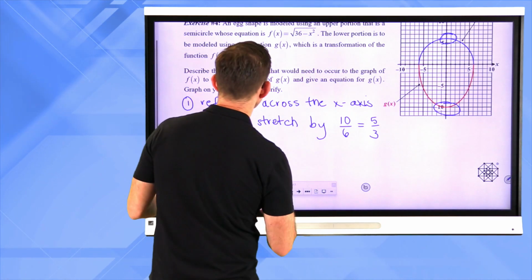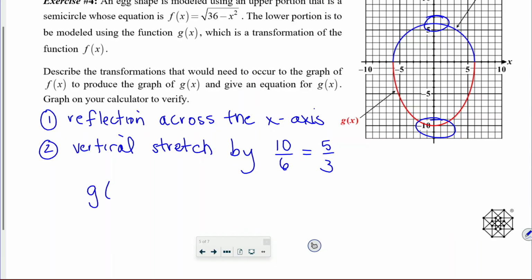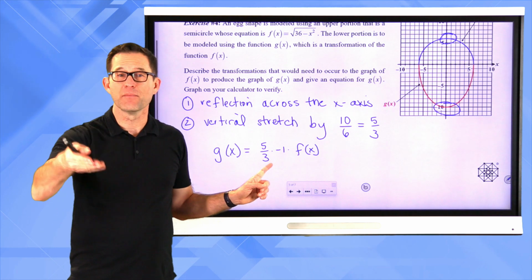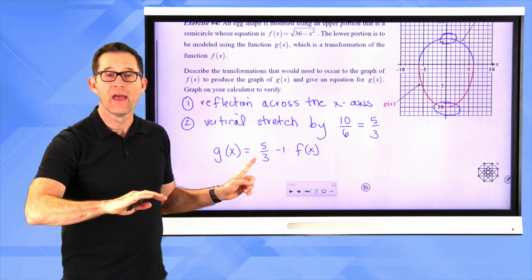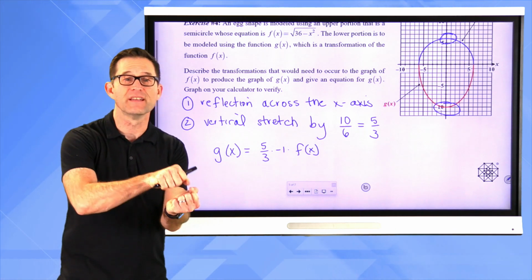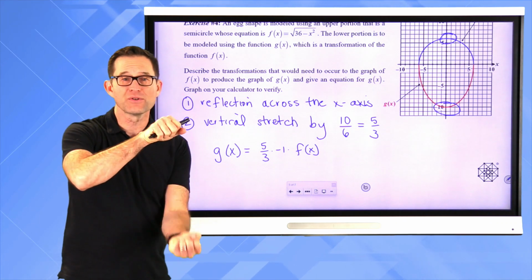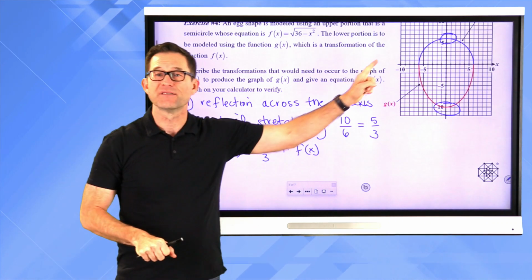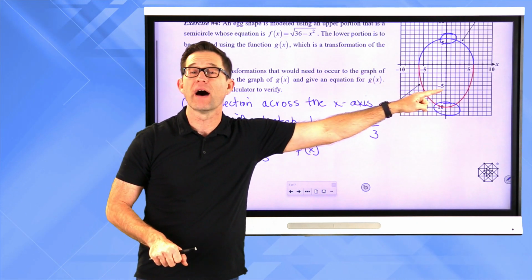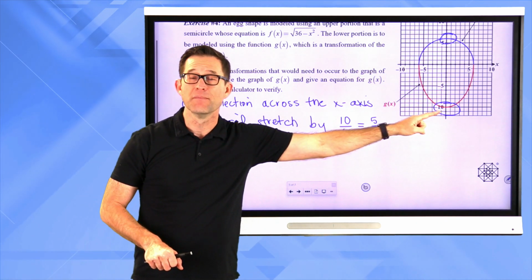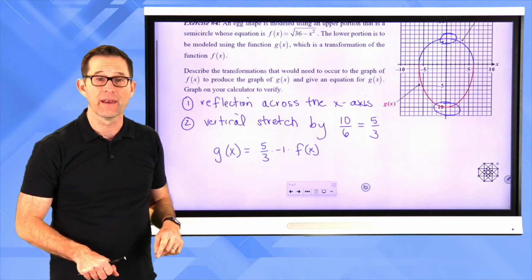You can think about it as saying g of x will be equal to 5/3 times -1 times f of x, where the -1 gives me the reflection across the x-axis, and multiplying by 5/3 stretches that lower semicircle out so that instead of having a minimum value at -6, it has a minimum value down there at -10.